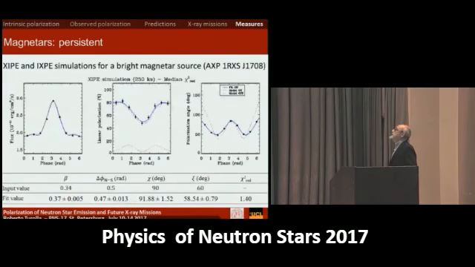This is an example of a simulated observation with XIPE. The next figure will show the same for IXPE. Of a bright magnetar persistent source, which is this one, 1RXS J1708, and indeed you see that the fit, so these are the simulated data, the blue dashed line, ignore the red one, is the model from which data were generated, and the full blue line is the best fit.